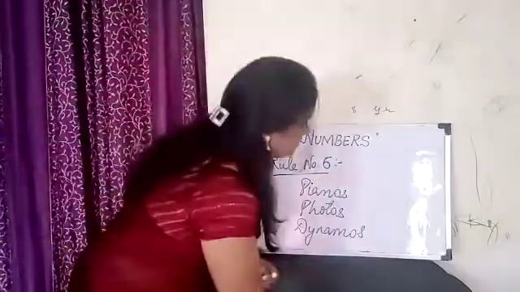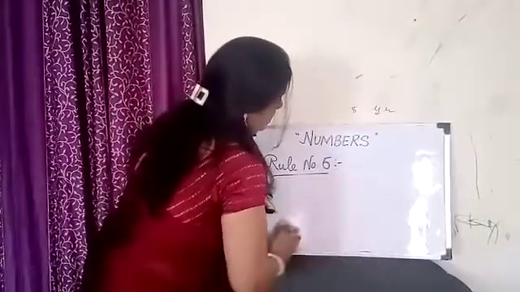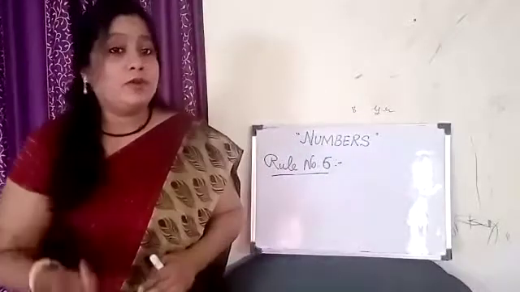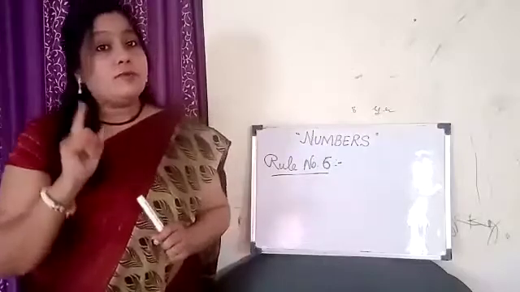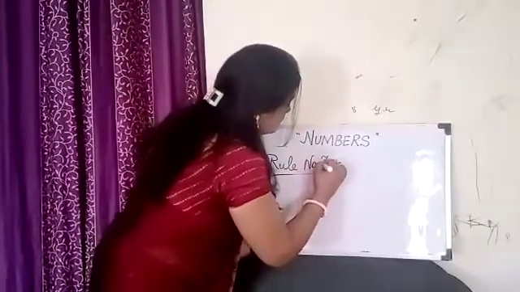Next, there are certain nouns which change from singular to plural by changing the inside vowel. That is our rule number 7. What is rule number 7?